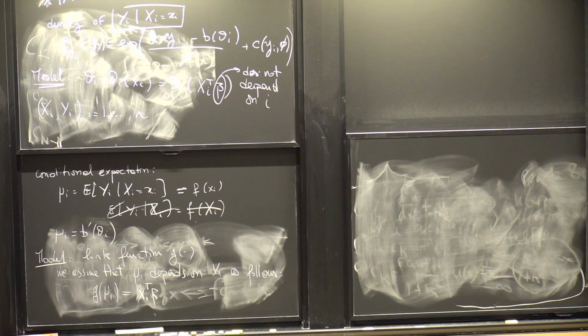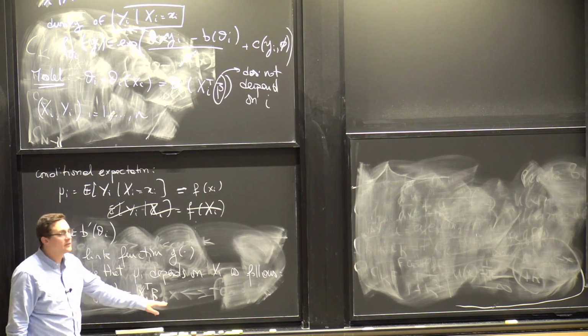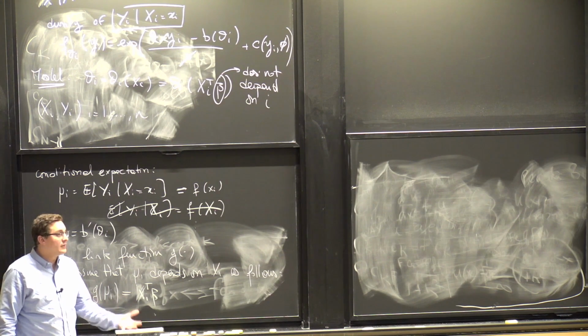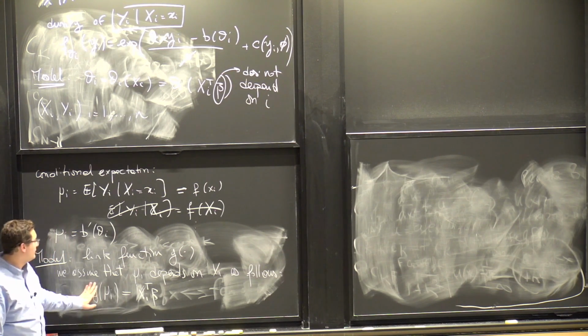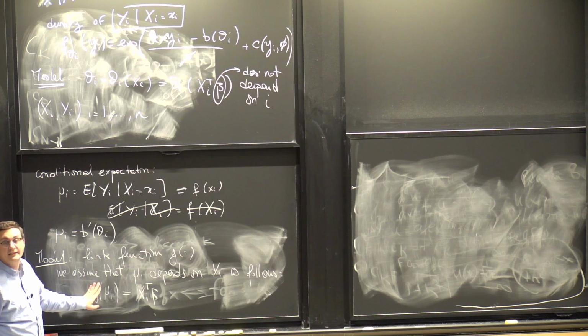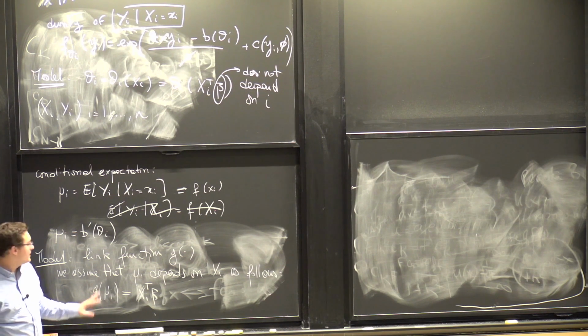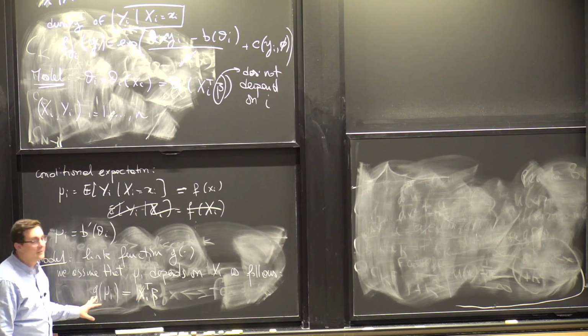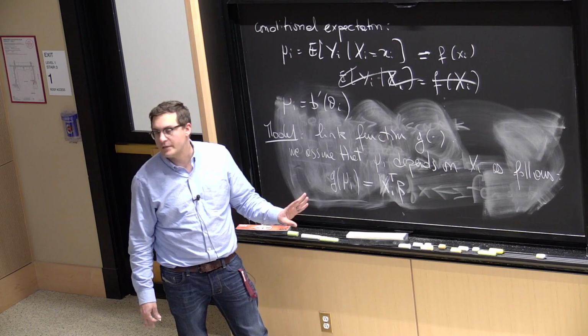So we're making indeed some modeling assumption, but compared to the linear regression model, where we only assume that mu i was xi transpose beta, if you want to make a parallel between generalized linear models and the linear model, the only difference is that g is not necessarily the identity. And all that g does for us is to make those two things on the left and the right of this equality live in the same space.